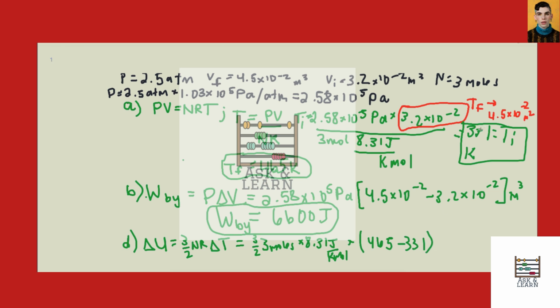I'm just going to correct that 331 just to make sure it's clear what it reads. Okay, there we go. And back to part D, if you plug all of that into a calculator, you get that delta U is 9,900 joules.